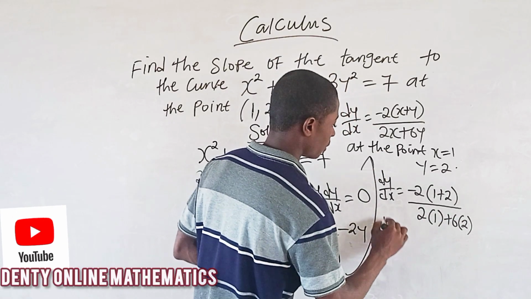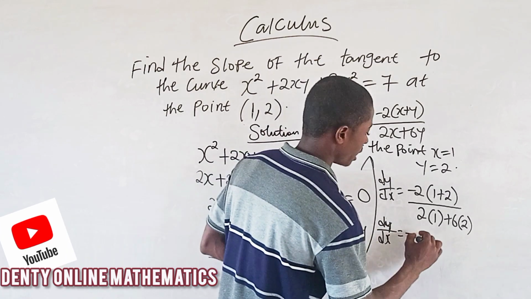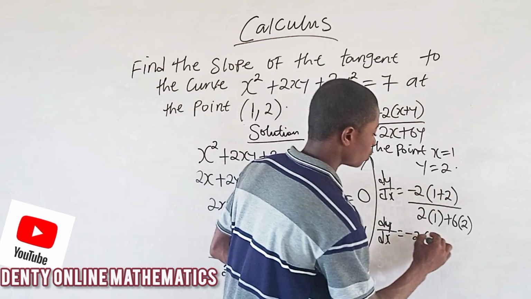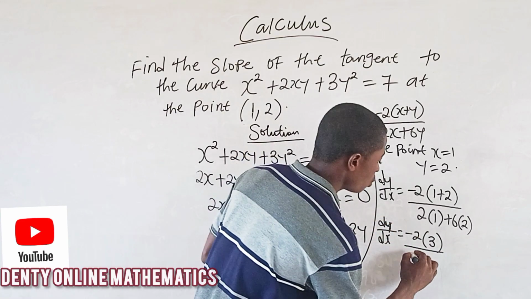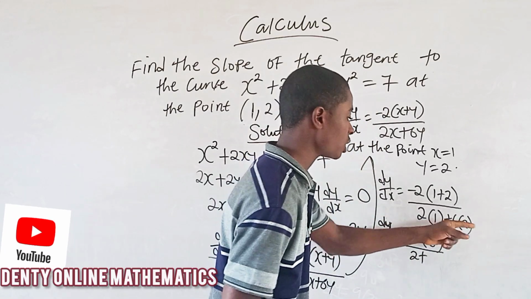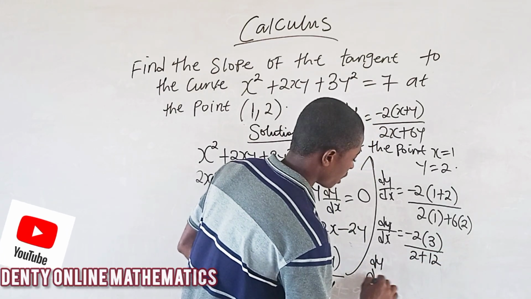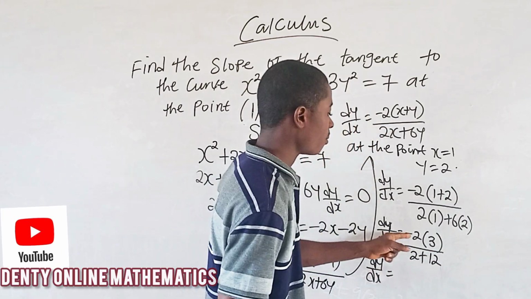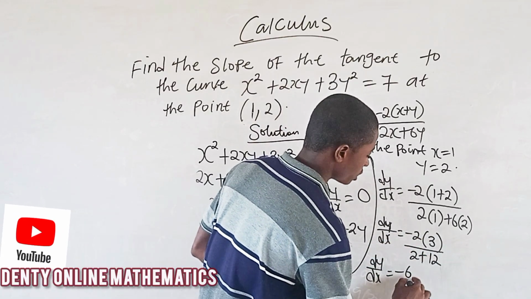So our dy over dx will be equal to minus 2 into 1 plus 2, 3, divided by 2 into 1 is 2 plus 6 into 2 is 12. Now our dy over dx will be equal to minus 2 times 3 is minus 6. 2 plus 12 is 14.